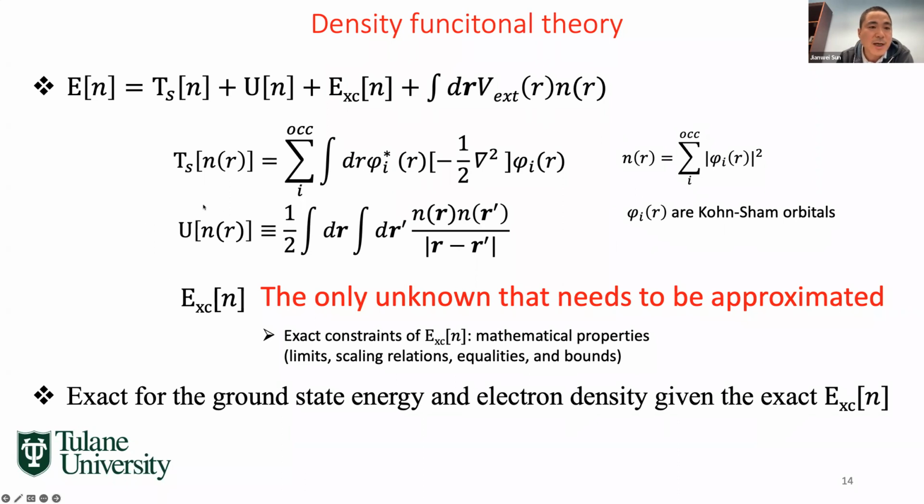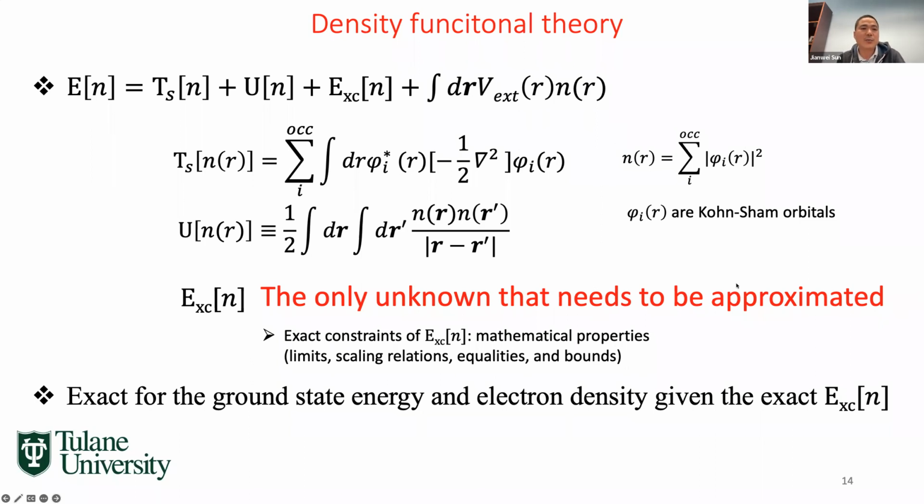The Hartree energy is just the classical Coulomb interaction between electrons. So the kinetic, Hartree, and external terms, they are all known and can be written out as explicit functionals of the orbitals. But the exchange correlation energy functional is the only unknown that needs to be approximated.